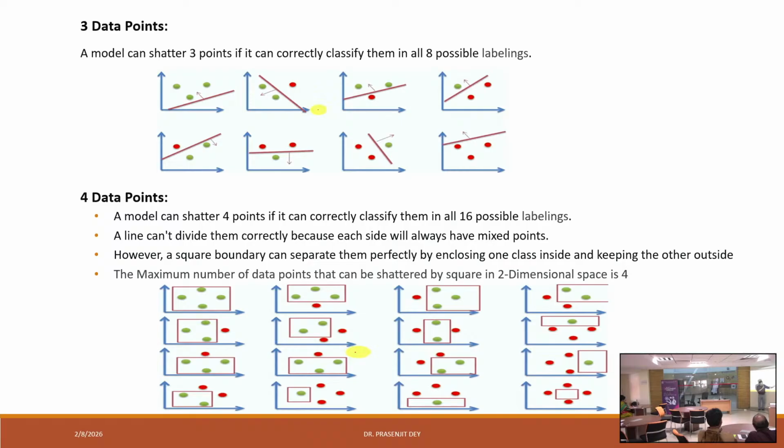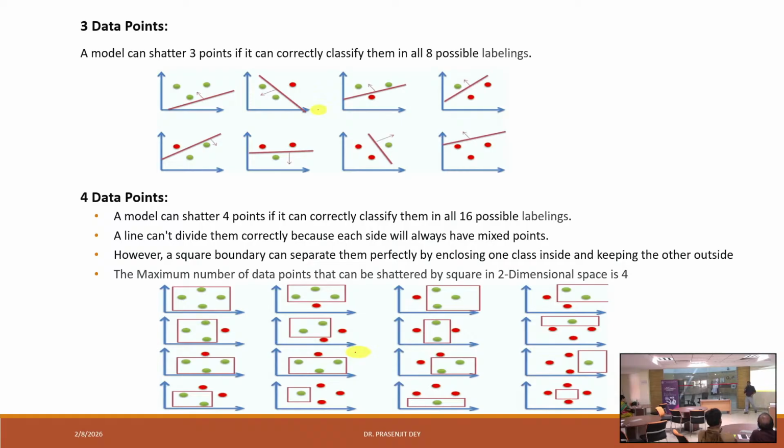So here if you draw a line, you cannot separate the data points into 2 classes, because there will be red points on both sides of the decision boundary. So the decision boundary cannot say that if it is left it is class 1, if it is right it is class 2. It cannot do so.